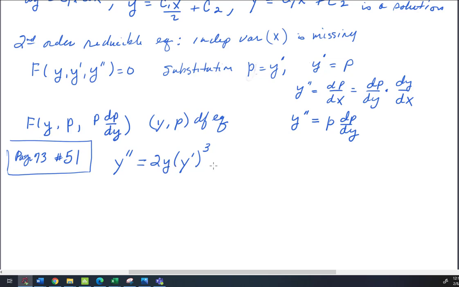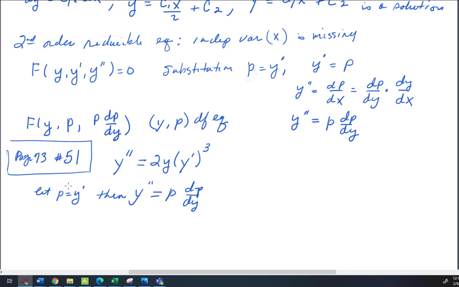There's no independent variable x. So we know from this material at the top of our screen that we would like to let p equal y prime, and then y double prime would be equal to, just like right here, p dp dy.